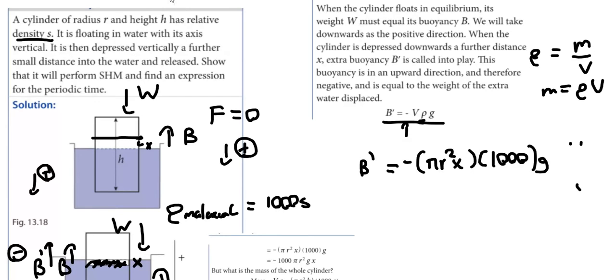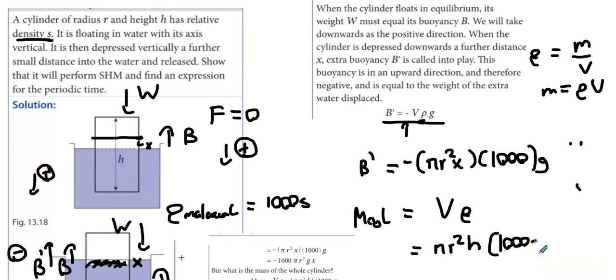Next we're going to find the mass of the whole cylinder. The mass of the whole cylinder is going to be its volume times its density. Now its volume is pi r squared h, because that's the entire h. Now what about its density? Well, we know its relative density is s. So instead of using 1,000, we're going to use 1,000 s.